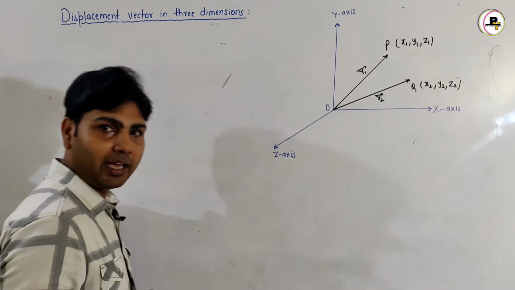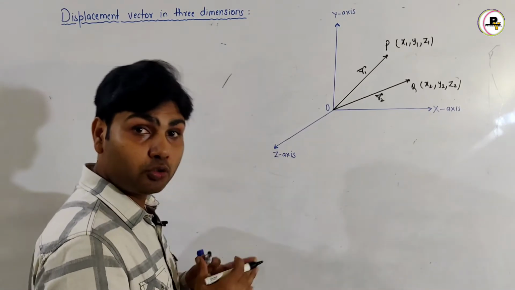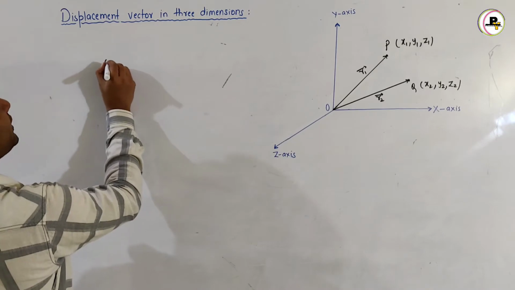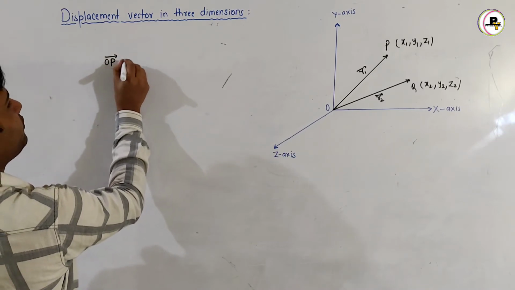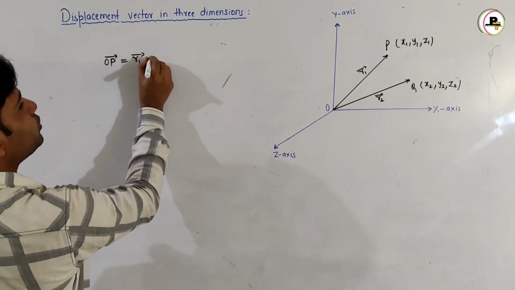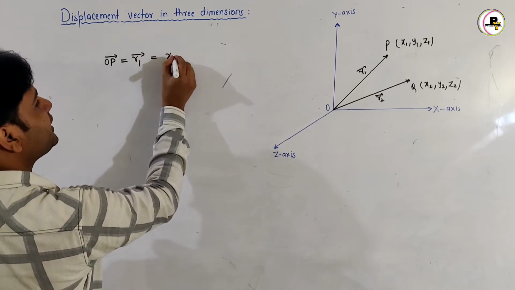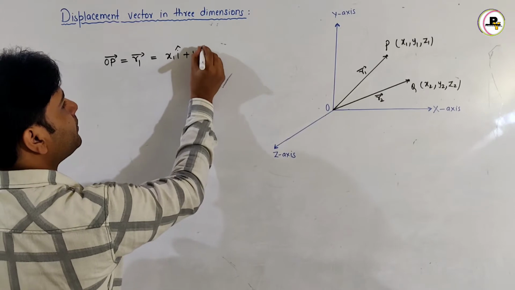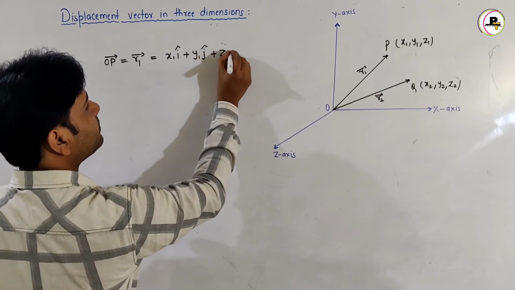So as we have earlier studied about how to find the position vector, I can write here OP vector equals r1 vector, and this is equal to x1 i cap plus y1 j cap plus z1 k cap.